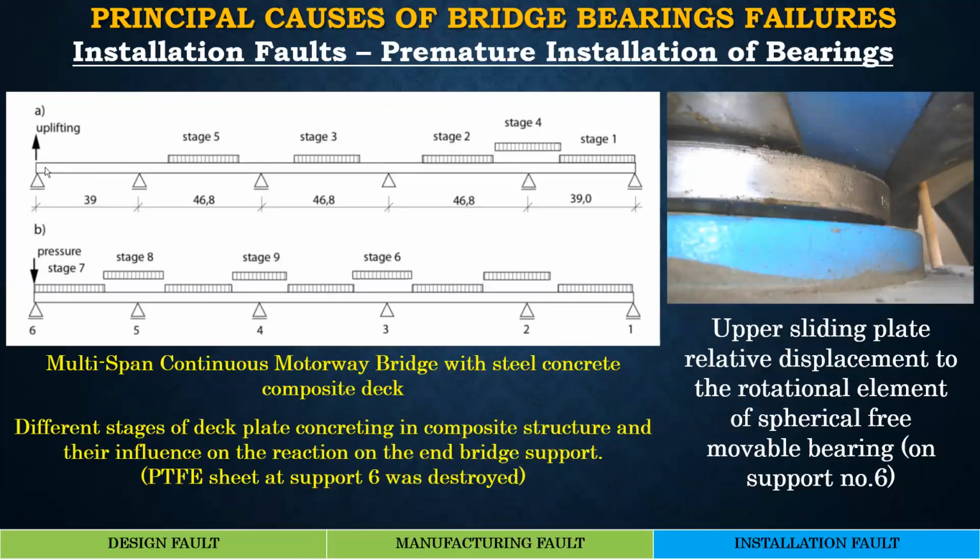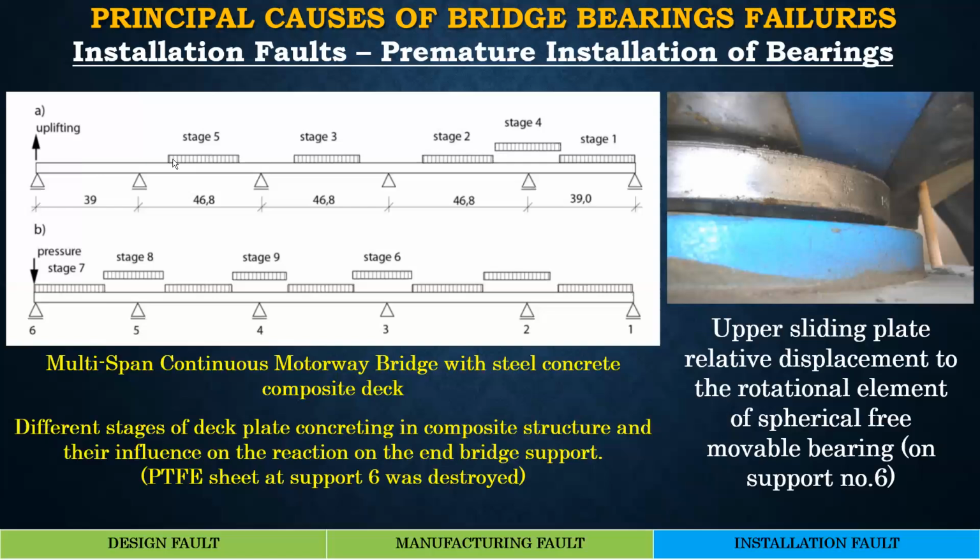But the fallout of this was that during the stage construction, at one point of time when the deck slab was cast up to stage 5, since the plate girder weight is much less as compared to the weight of the deck slab, there was an uplift, and the top plate and the PTFE stuck to the top plate got lifted up.